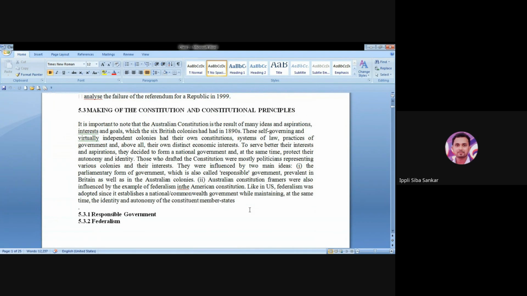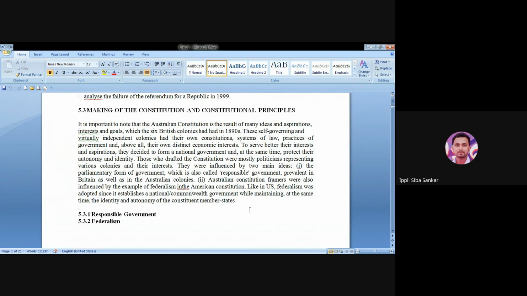Making of the Constitution and constitutional principles. It is important to note that the Australian Constitution is the result of many ideas and aspirations, interests and goals, which the six British colonies had in the 1890s. The Australian Constitution was shaped by a variety of interests, aspirations and goals.